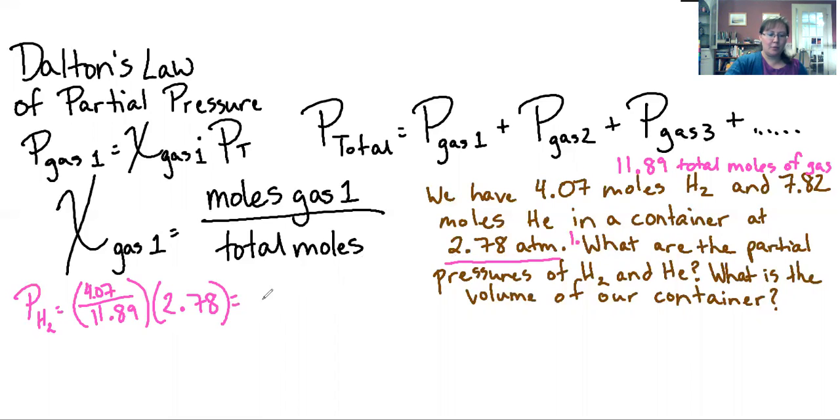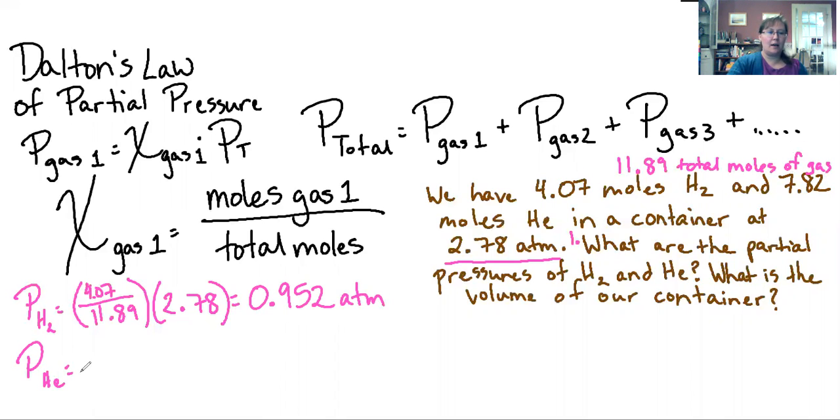And what we get here is that the pressure of hydrogen is going to be equal to, I can see that I have 3 significant figures here, 0.952 atmospheres. And then I can look at the pressure of helium.